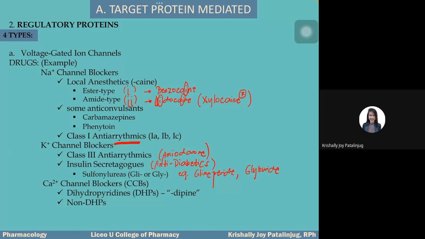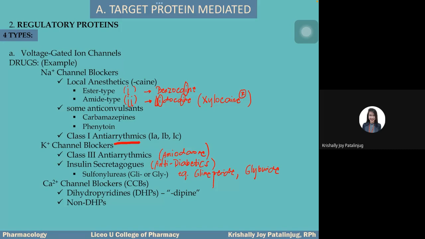And then lastly, we have drugs that target calcium ion channel. So those are the CCBs, calcium channel blockers. This is subclassified into two based on chemistry. Based on their structure, there are dihydropyridines and those that are non-dihydropyridines.